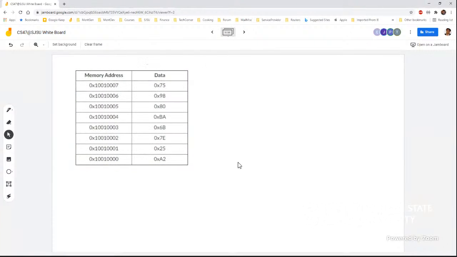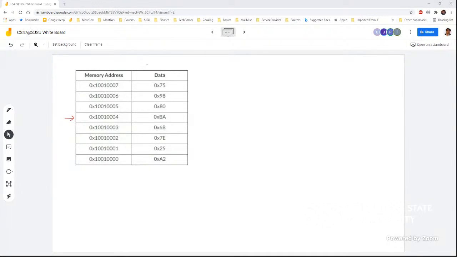Okay, so this question says that if I access a memory following a big endian convention from the address 10010004, so I'm trying to access from this point, in a big endian and little endian convention, right?